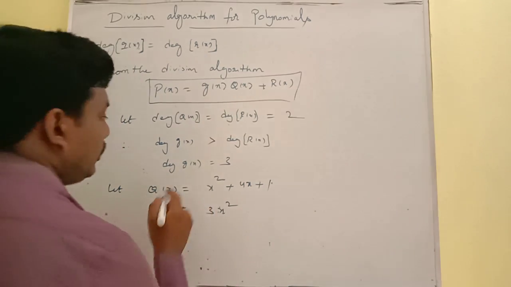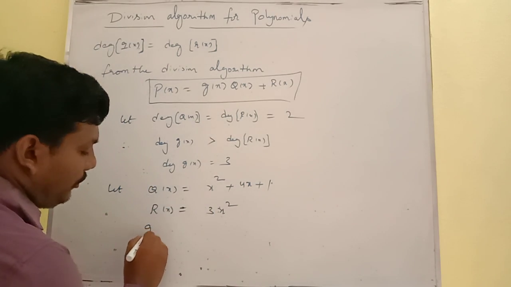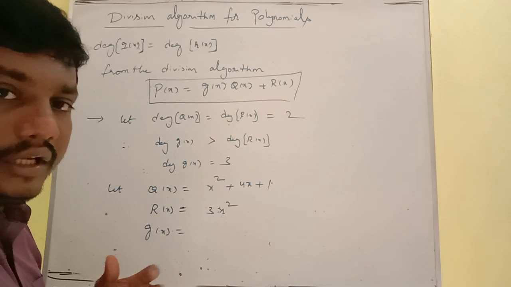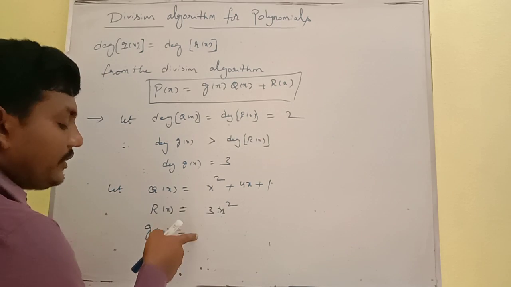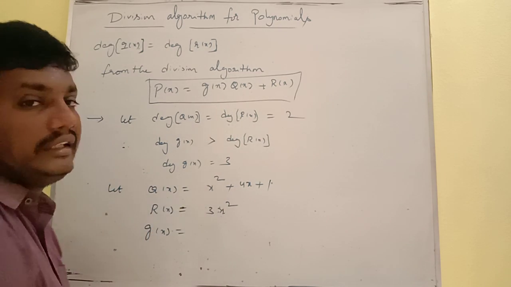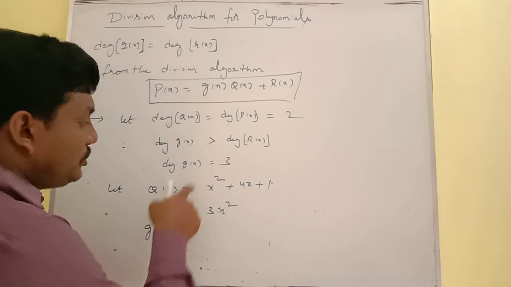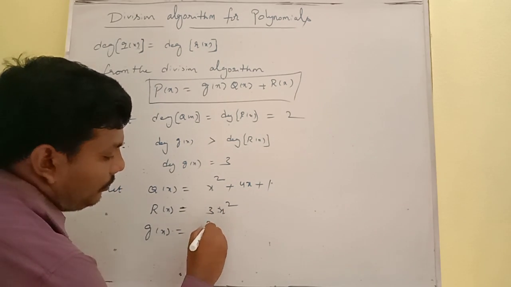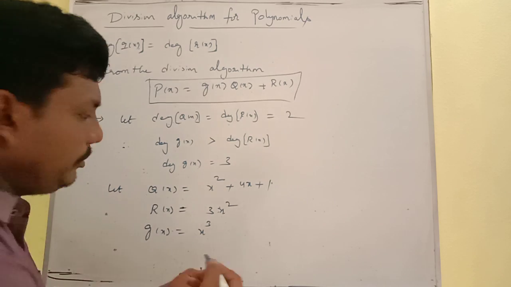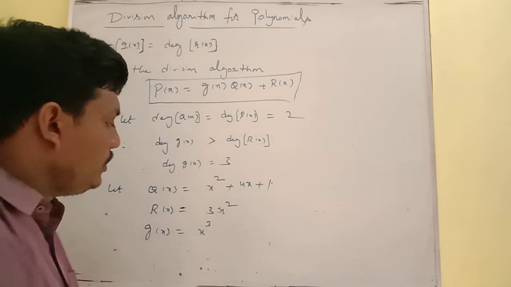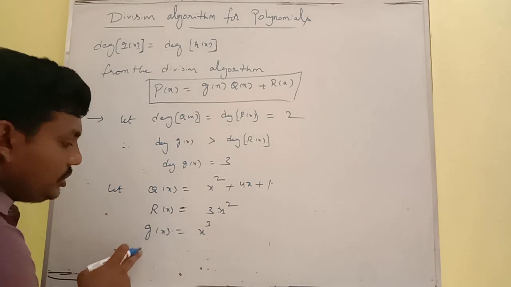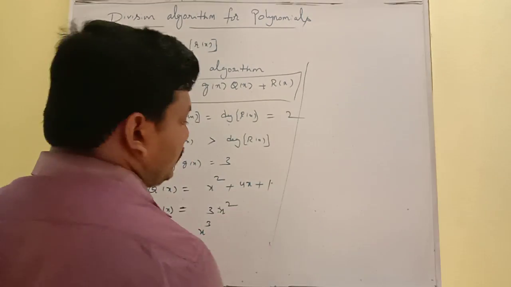Okay, so now what about the degree of g of x? You must consider that the degree of g of x is greater than the degree of r of x. Here the degree of r of x is 2, and the degree of g of x I have taken as 3, so you can take x cube. Obviously I have taken x cube, that is the degree of the polynomial. Now q of x you know, r of x you know, g of x you know. So how to find the p of x value?